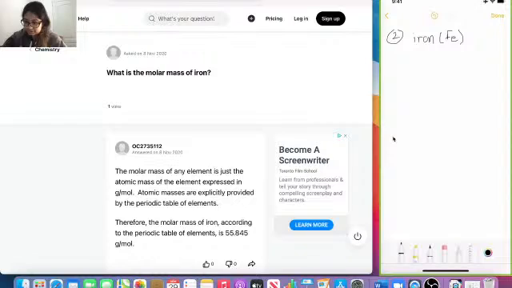To find the molar mass of iron, you can get this from the atomic mass as well.